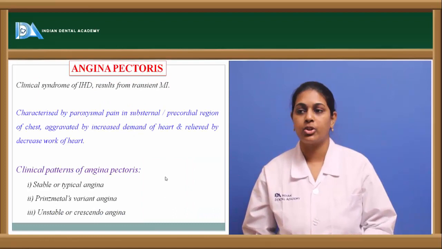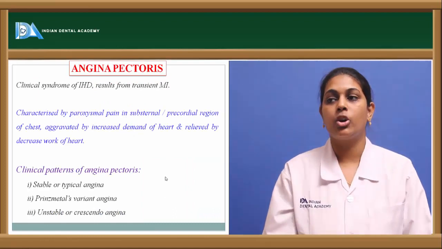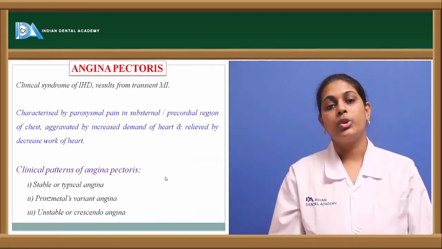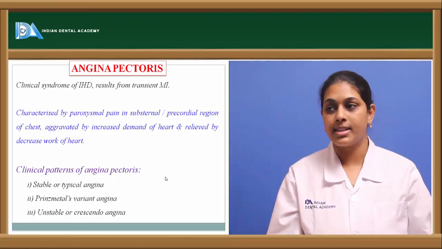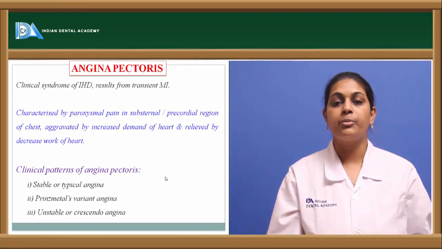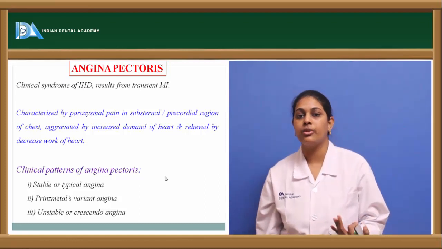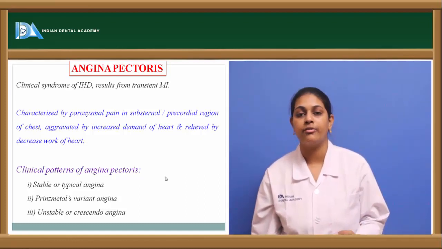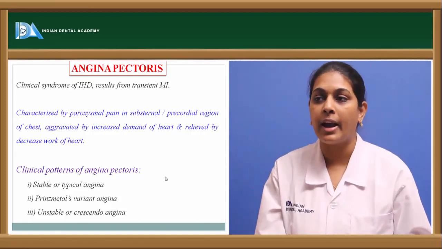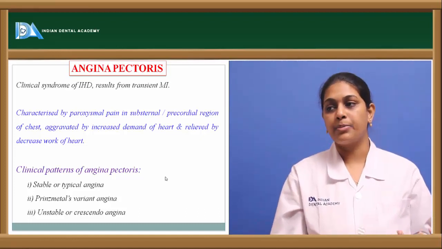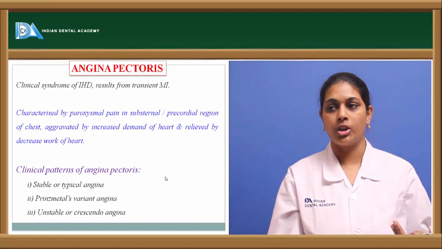Coming to angina pectoris, it is a clinical syndrome, that is, it manifests clinically, which is an effect of ischemic heart disease, and it usually results from transient ischemia. It is characterized by paroxysmal pain in the substernal as well as pericardial region of the chest.